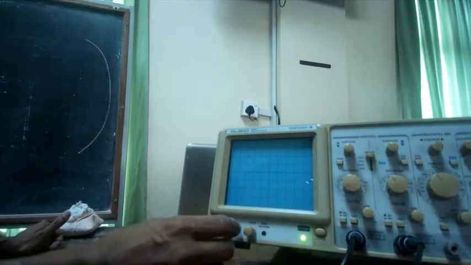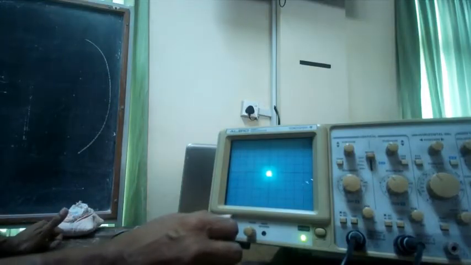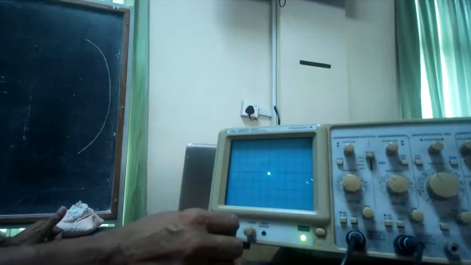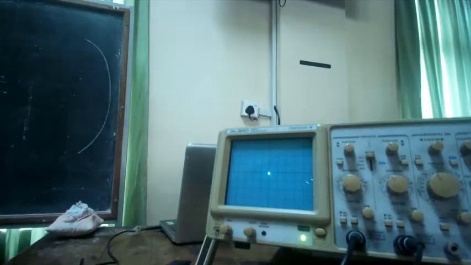If I reduce the intensity, that's one of the knobs that you see, which is called intensity. So you can increase and decrease the intensity. What I am actually doing by this is controlling the number of electrons that are coming out of this. This is done by a mesh that is around here. There's a mesh here which basically absorbs some of these electrons.